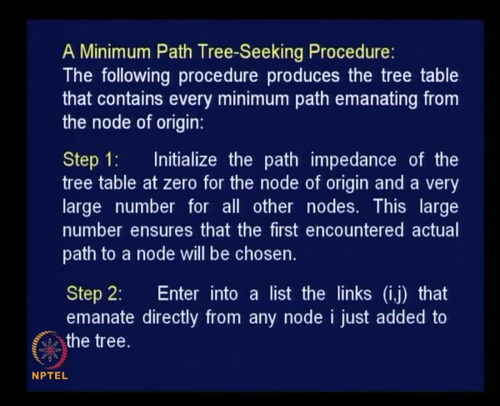I will explain more clearly when we take up the numerical example. What you need to understand here is that we indicate the numbers of the starting and ending nodes for the concerned links with respect to the node of our interest.